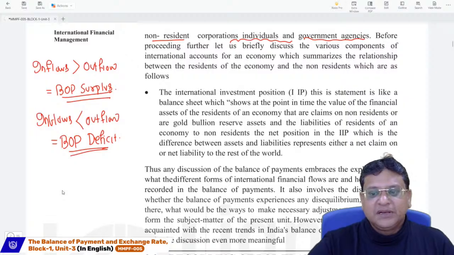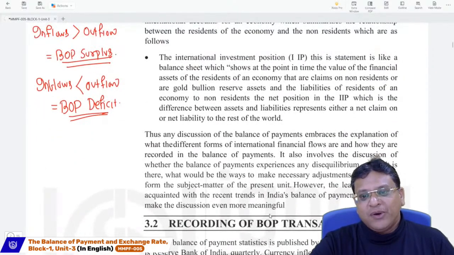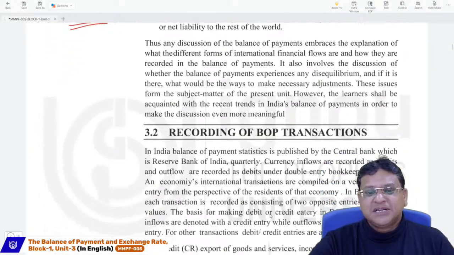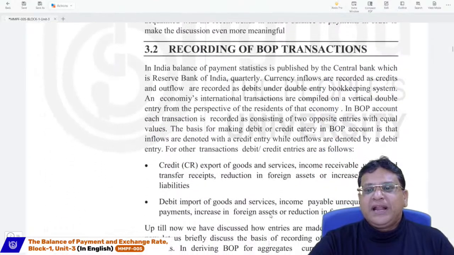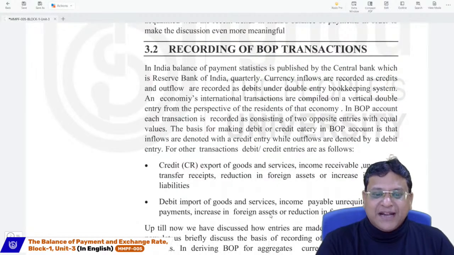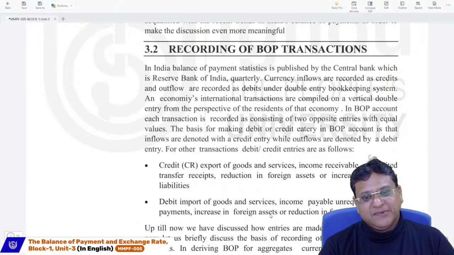Okay. Now we will discuss how transactions are recorded in the BOP statement. There are two types of transactions in BOP. One type of transaction results in inflow of currency.